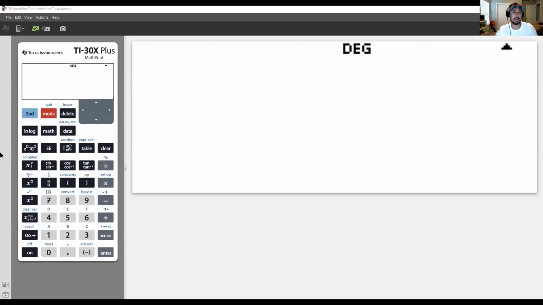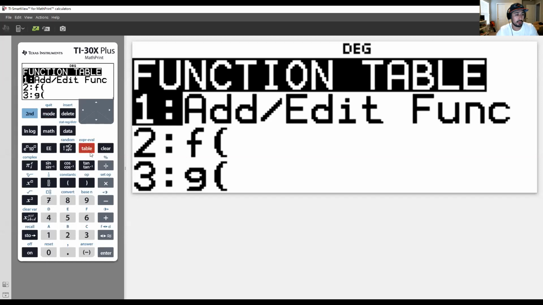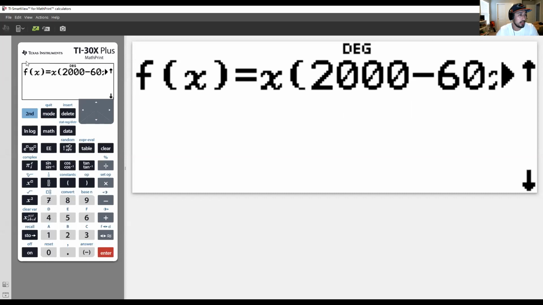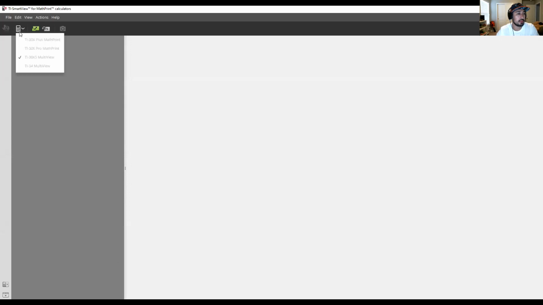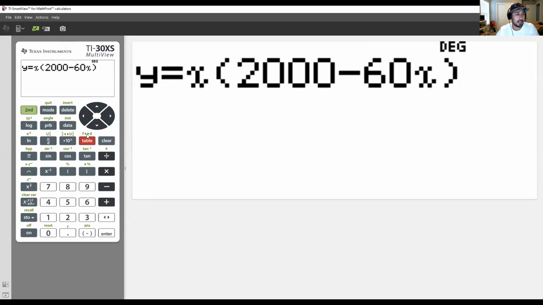Okay, so now I'll screen share mine. I'll go to the TI Smart View. Okay. And again, click the table button. You're going to add function, or you'll get the y equals, one of them. Let me actually do the simpler output one. That's better.